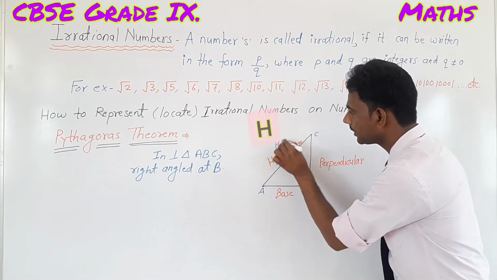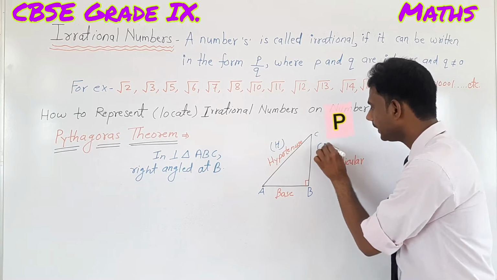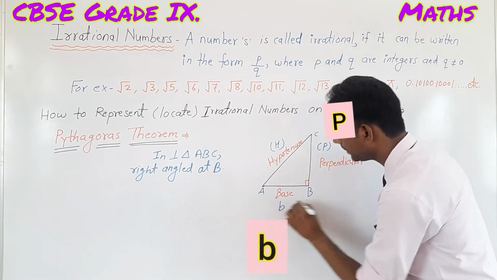You can represent the hypotenuse by the letter H, the perpendicular by P and the base by B.